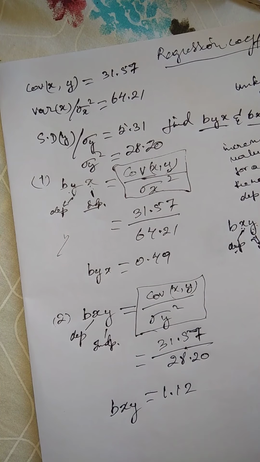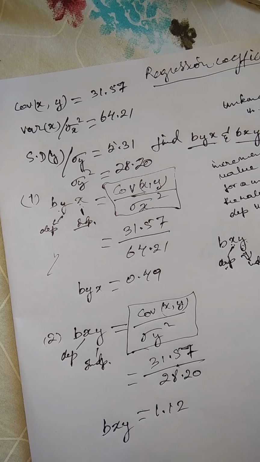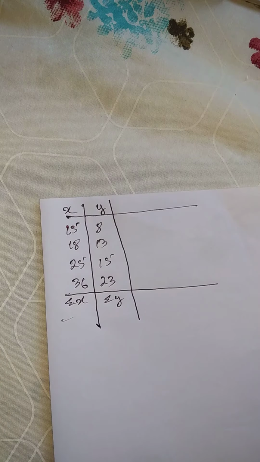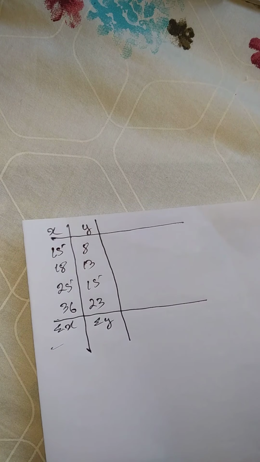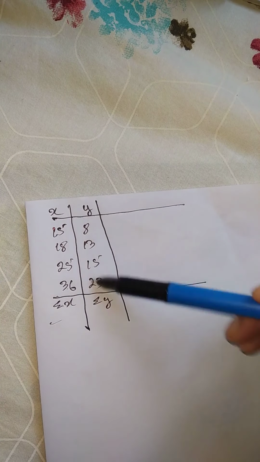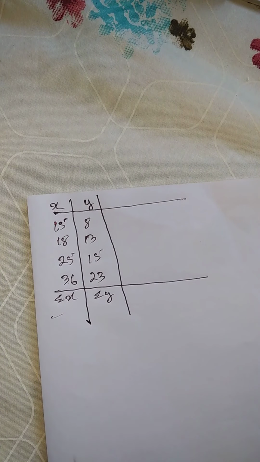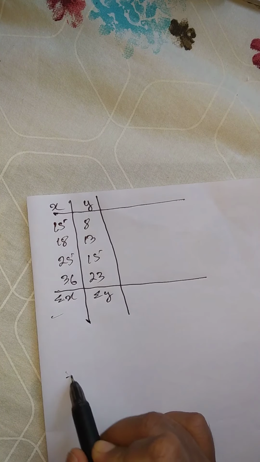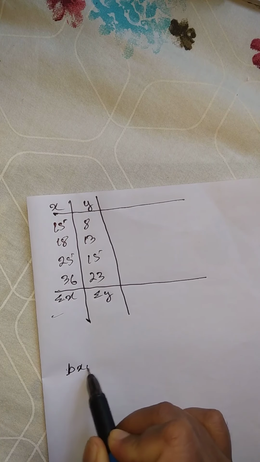And then there are also other types of questions in which you will be given the values of the variables x and y. So what will be your regression coefficient formula?